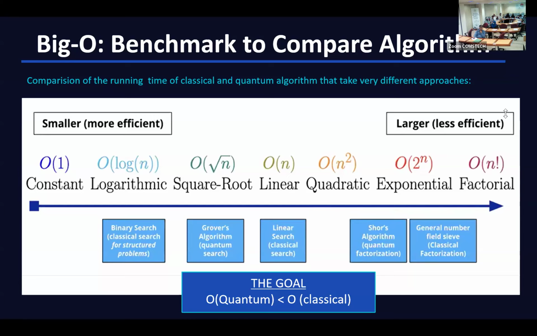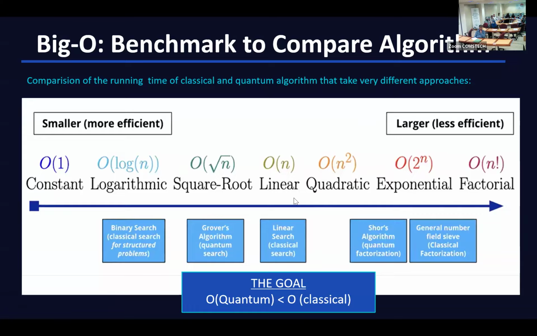Like in the picture you can see over here, the big O for the constant, which is over here, is the best one. The smaller it is, the more efficient it is. And when it increases, it is less efficient.